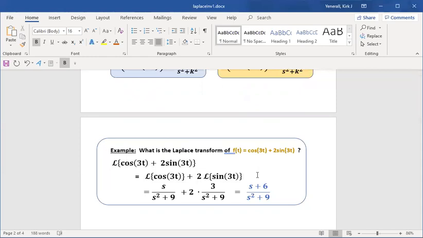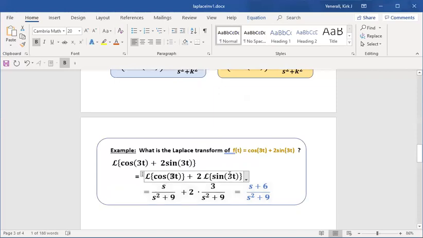But now we know how to find those, because in both of these, k is equal to 3. s squared plus k squared is s squared plus 9. So the Laplace transform for the cosine of 3t will be s divided by s squared plus 9, the k squared on the bottom there.